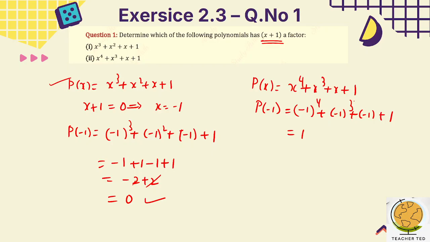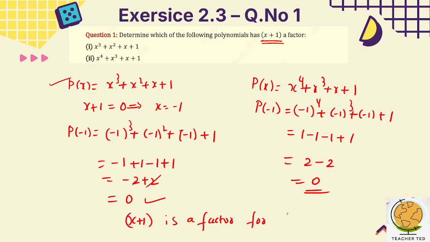This is 3 times, odd number, it is negative, again negative plus positive. Here also 2 minus 2, it becomes 0. So x plus 1 is a factor for both the polynomials. So this is the answer for this question.